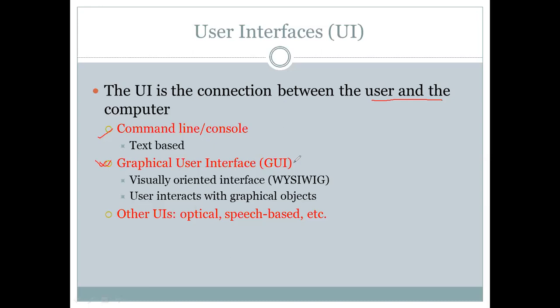So what happens in the case of a graphical user interface? The user will interact with the system with some graphical representations, or some mathematical symbols, or different objects or different pictures. Now, the input will not be in the form of text.